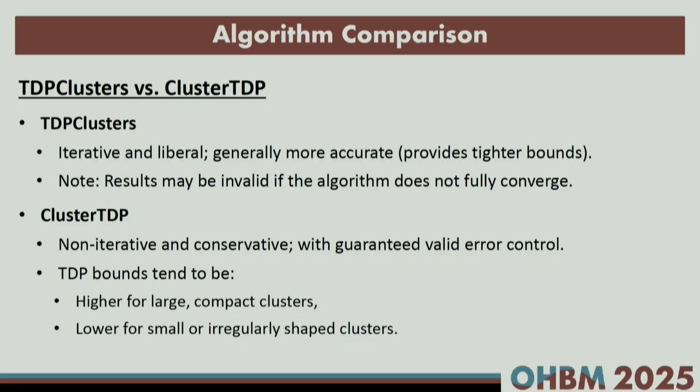So generally, it will give you more accurate results by providing a tighter bound. However, using TDP clusters, there could be a convergence problem, so the results might not always be valid. So we suggest you run the analysis using both tools and output the results from both tools.